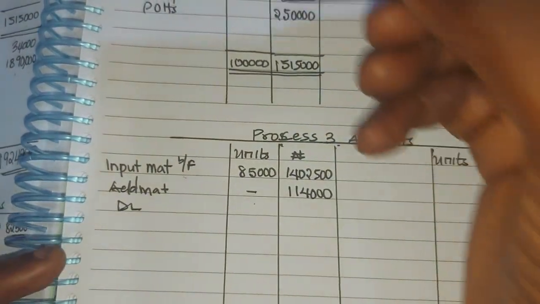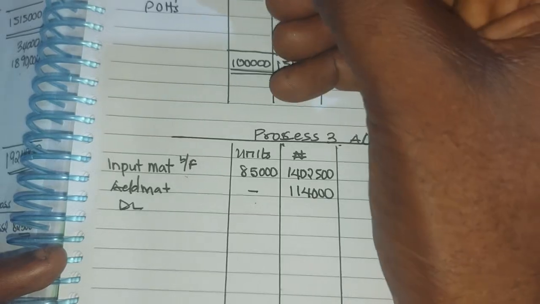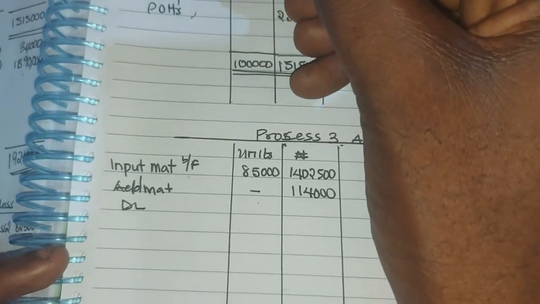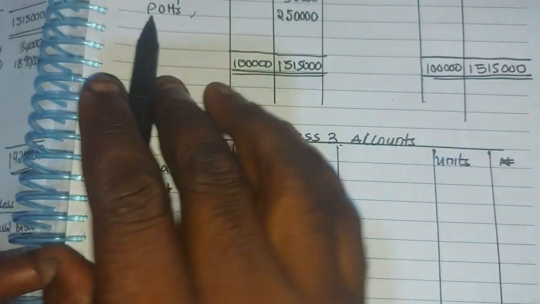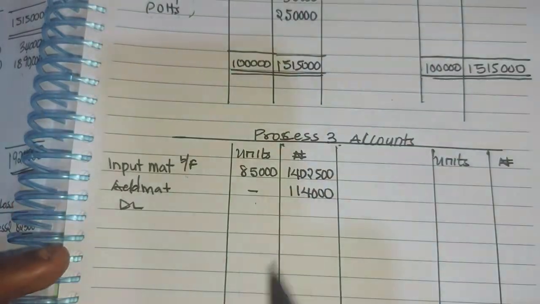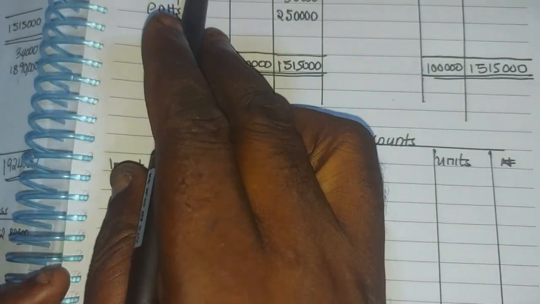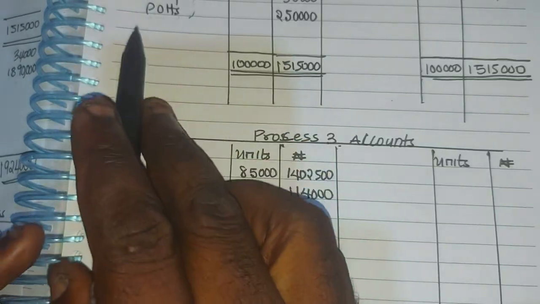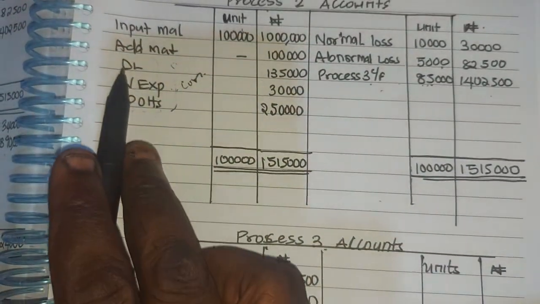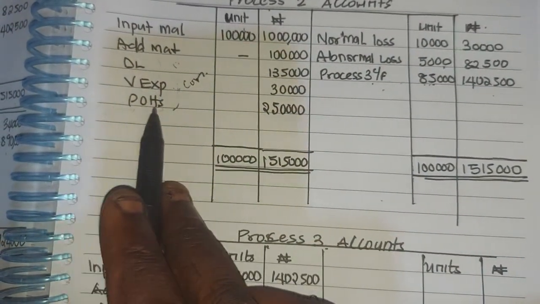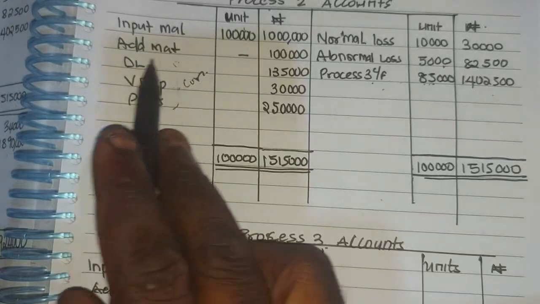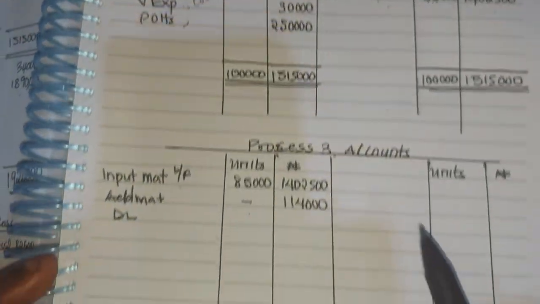Then we have our direct labor. Direct labor, variable expenses and production overhead, apart from the material, are collectively called conversion cost.